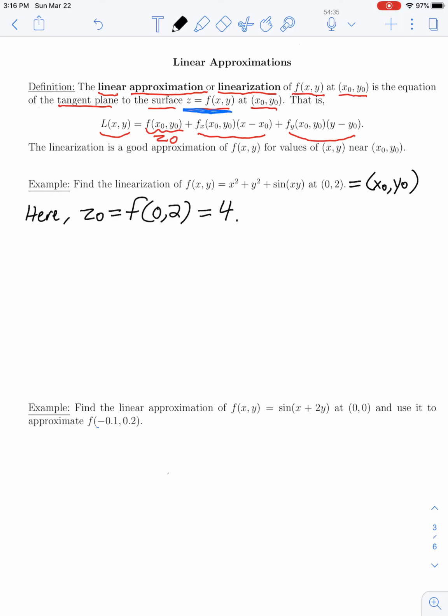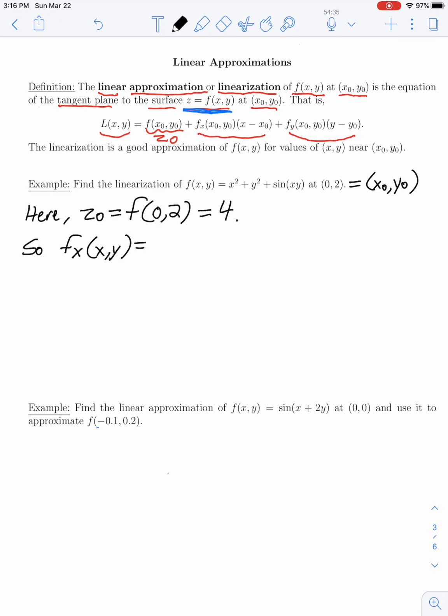So now, from here, the problem is just like the examples we were considering earlier, where we're trying to find the equation of our tangent plane. So let's start by finding the partial derivatives of our function f with respect to x and y.